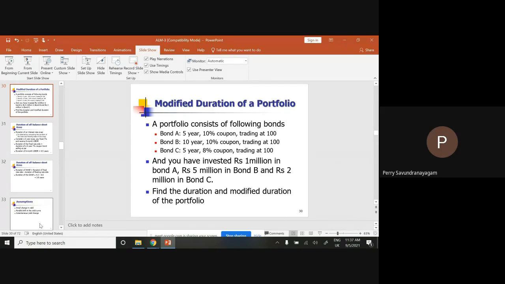So he has a total portfolio of how much? 8 million rupees. And of that 8 million, the majority has gone into a 10-year bond at 10% coupon. Although the coupon is high, the duration is high because of the maturity. Then he has put 2 million into 5-year bond C, which is 8% coupon, so we increased the duration on that as well.